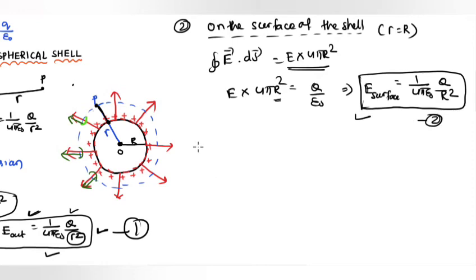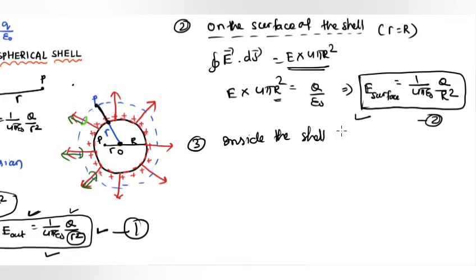This is equation 2. Now finally we have to derive the electric field intensity inside the cell. Suppose I choose a point P inside the cell here, and the distance is small r.